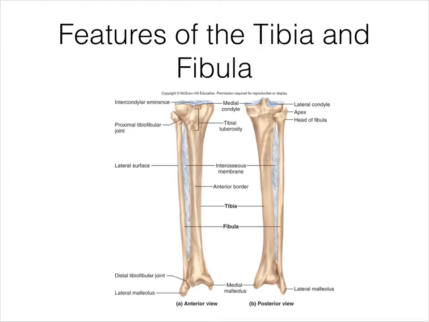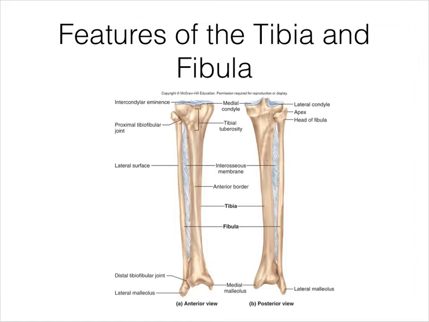Here we can see the tibia and fibula, and there's a few things that I want to point out here, right? So we have two condyles at the top of the tibia, the lateral and the medial, and you've got this sort of sticky out process in between them. That process in between them is called the intercondylar eminence.